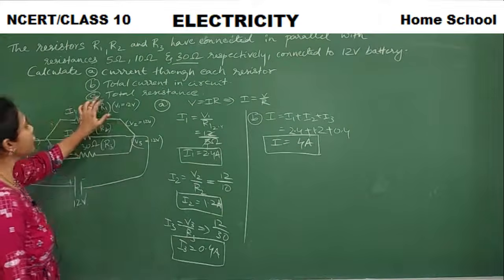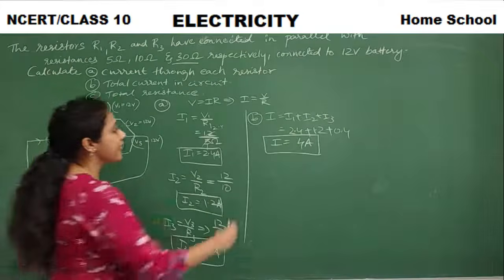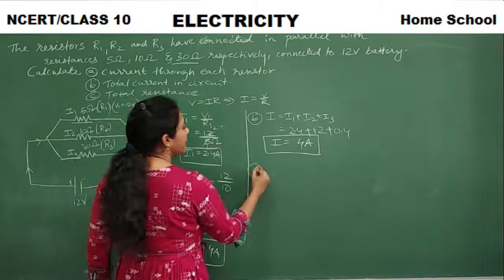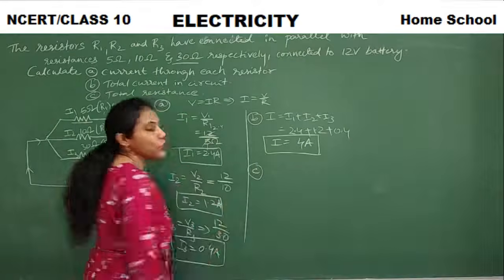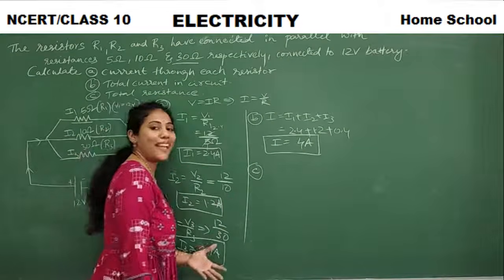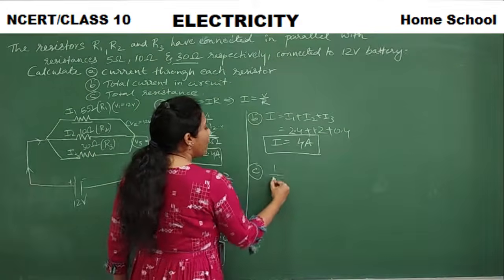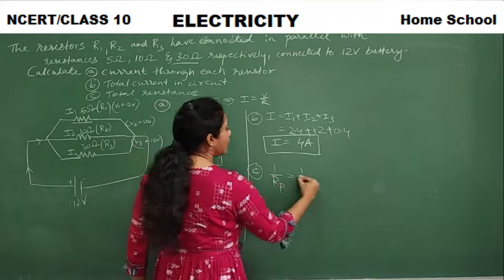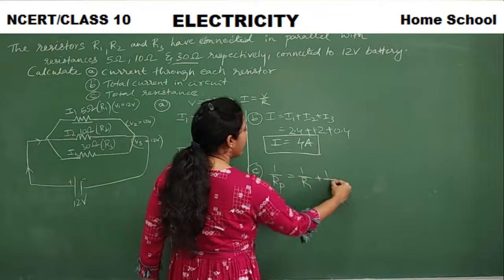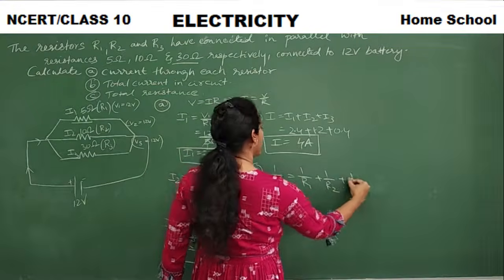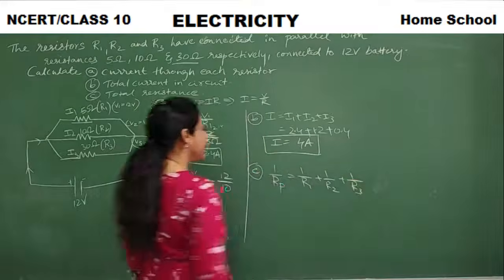What is the third question? Total resistance they are asking. Question number C, total resistance in case of parallel. What is the formula? 1 by Rp is equal to 1 by R1 plus 1 by R2 plus 1 upon R3. Isn't it?